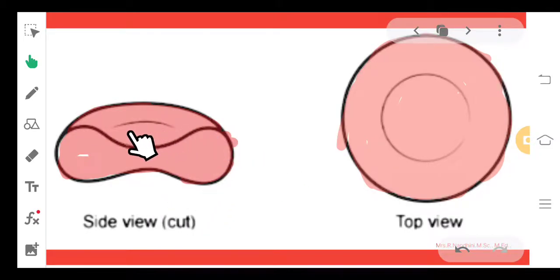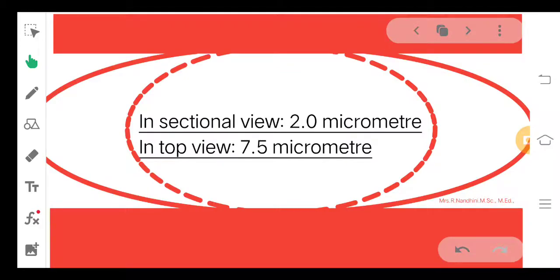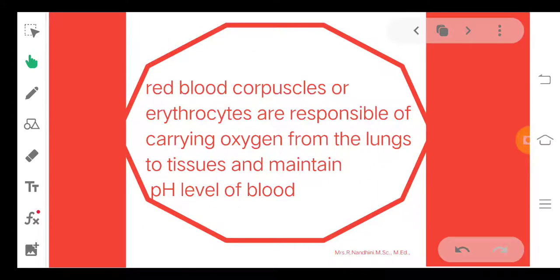This is the side view and this is the top view. In side view, it is 2 micrometer. Then in top view, it is 7.5 micrometer in size.